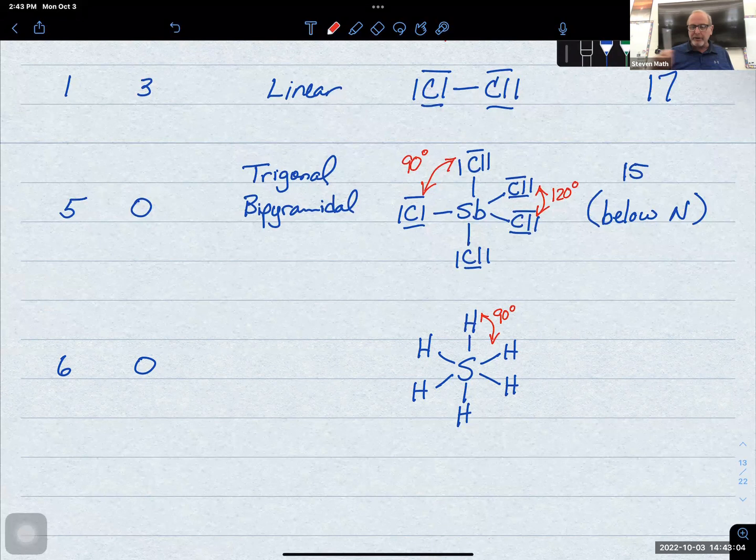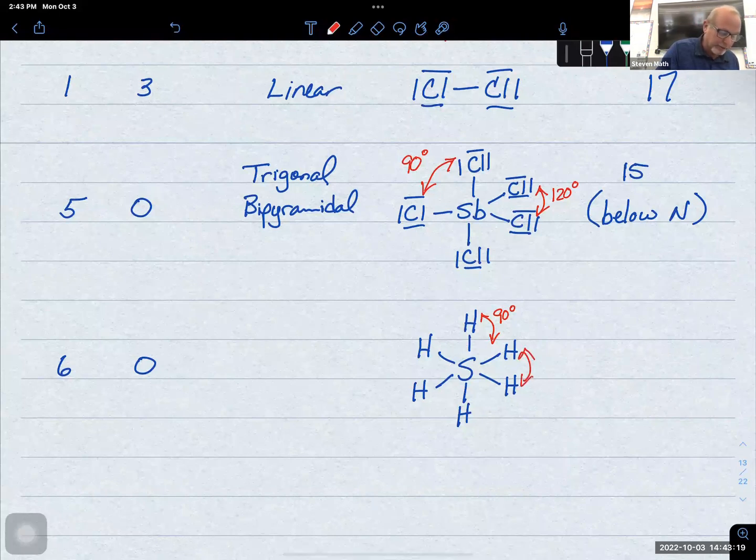What happens if you take a 360 and you don't trisect it, but you quadsect it, tetrasect it? I don't know which one's right, but you split it into 4s. Well, guess what? That's going to be 90 degrees. So this only has one bond angle. Everybody's 90 degrees apart, which works out fantastic.